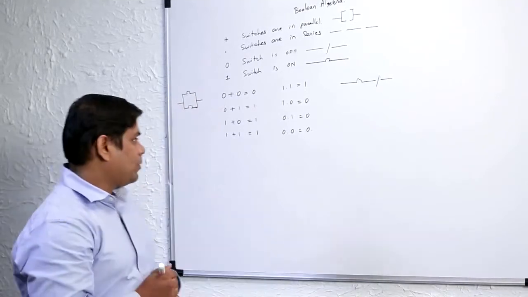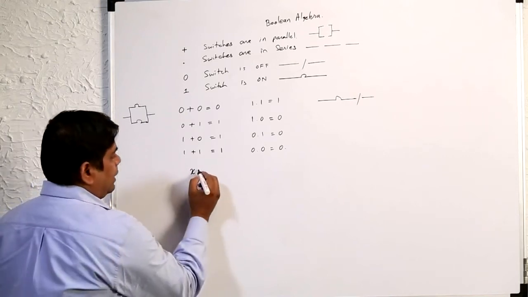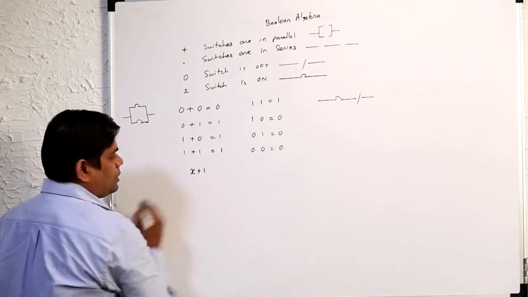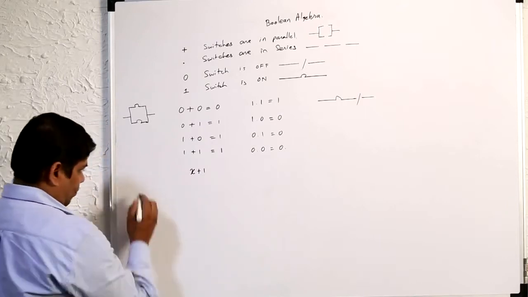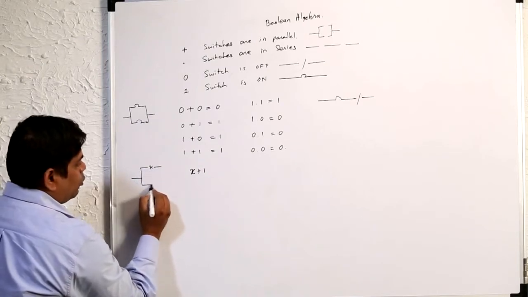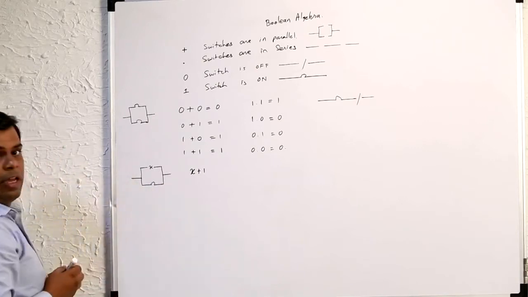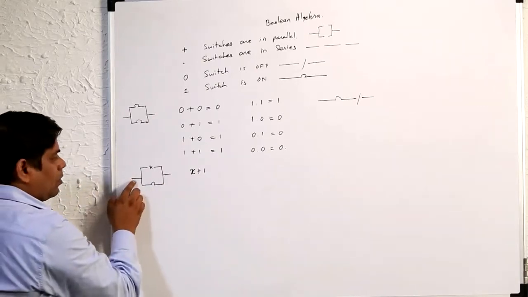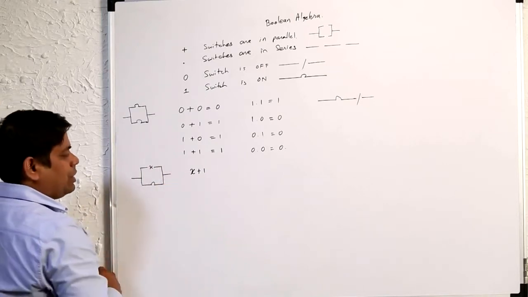For example, let us see how a variable switch x connected in parallel to an on switch works. If you supply current here, irrespective of the state of x, current is always going to reach here.